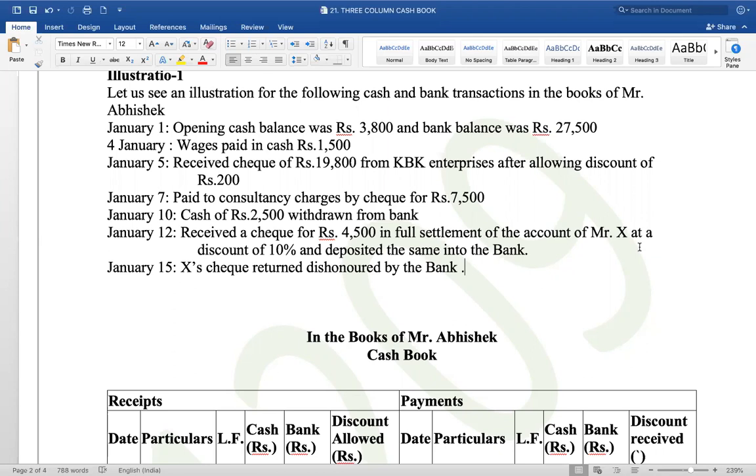Every class I am repeating this; nearly 60, 70 times I might have repeated this answer. No, sir, it's balance brought down. Balance brought down. The opening balance is to be prefixed with balance brought down.